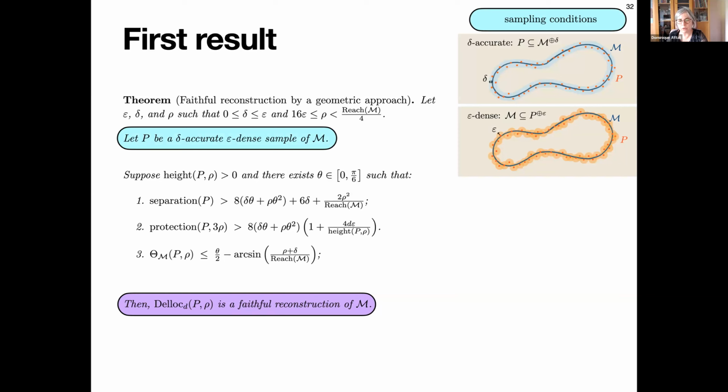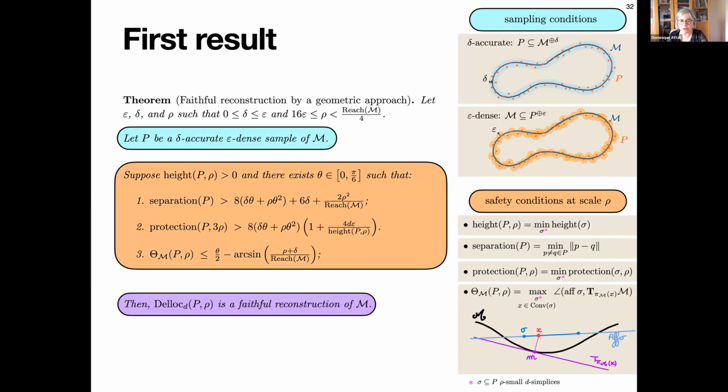Epsilon controls the density of the point set, and delta the accuracy of the point set. Together with those sampling conditions, we have also safety conditions that I'm not going to describe in detail.